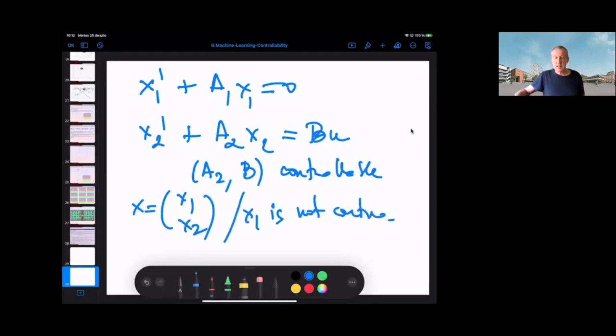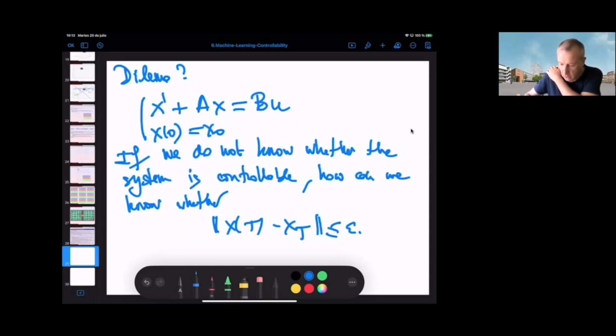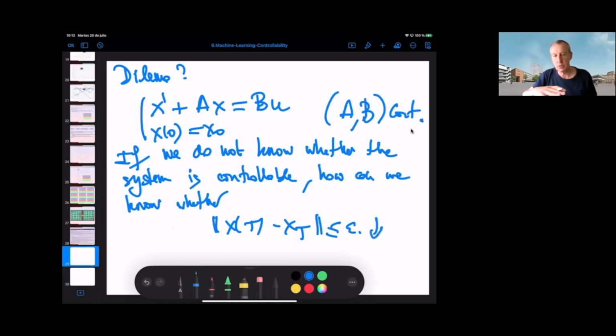And in such a situation, you will never be able to go to the target beyond a given threshold, because the error you will have on the component X1, you will never be able to reduce. This is why it's so important to know that AB is controllable. If AB is controllable, then you know that you can push this epsilon to go to 0.